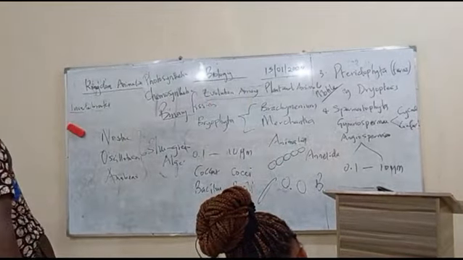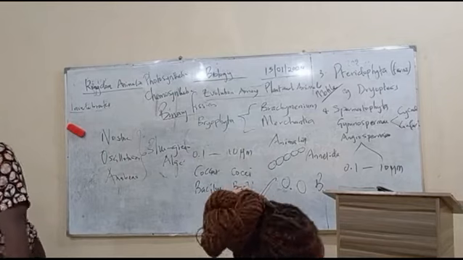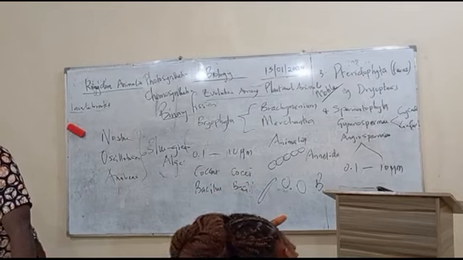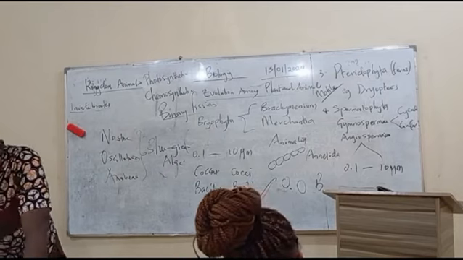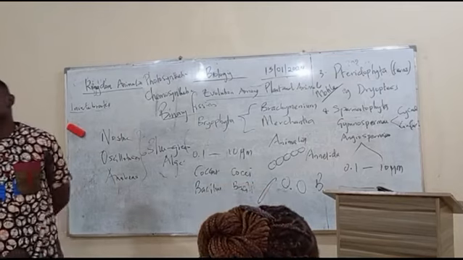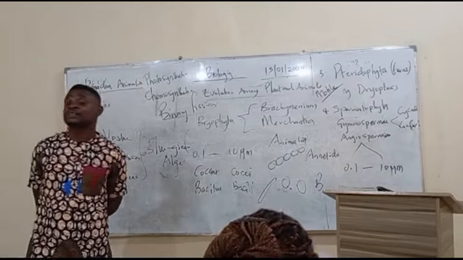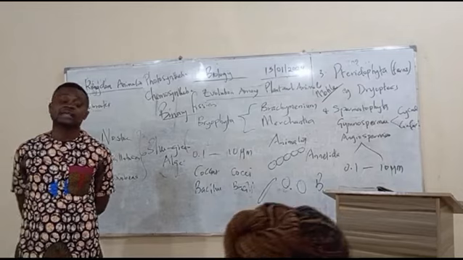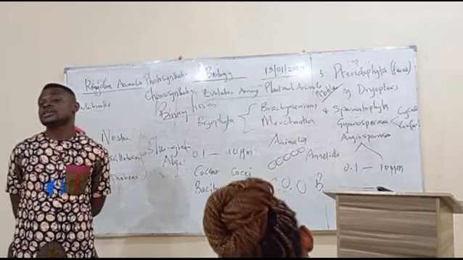So eukaryotes start from kingdom what? Protista. They are eukaryotes. They have a definite nucleus, and their cell structure is complex compared to Monera.